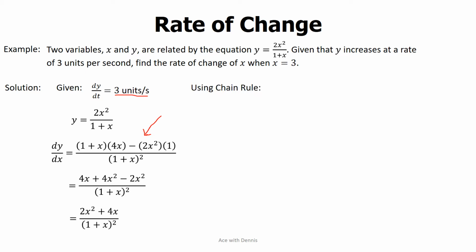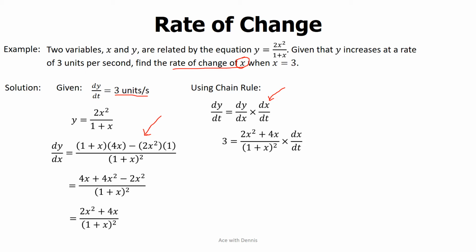Next, we can now find what they want us to find, which is the rate of change of x. So when you see the words the rate of change of x, then it will be dx over dt. The chain rule that we know is dy over dt equals dy over dx times dx over dt.